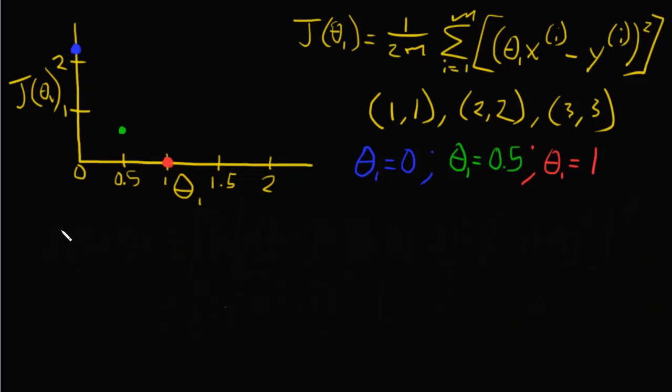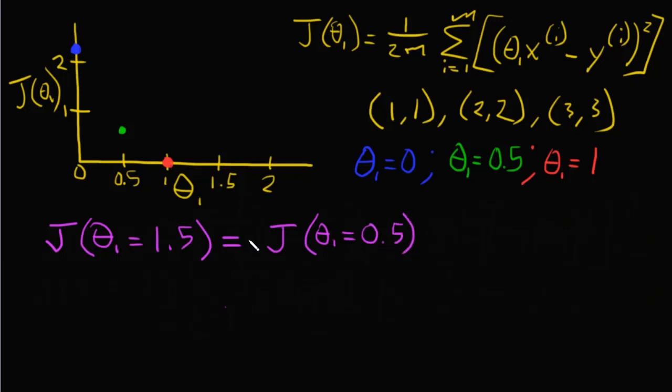Okay, now let's look at a couple more slopes. It turns out, due to symmetry of the slopes, when theta 1 is equal to 1.5, this is the exact same cost associated with theta 1 equal to 0.5.